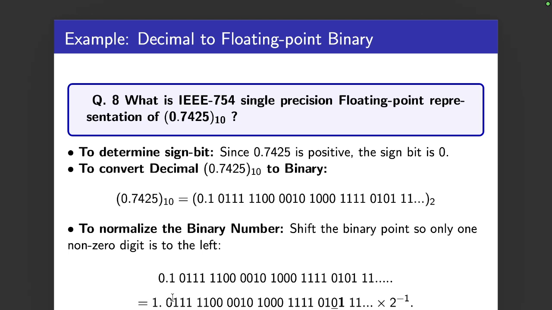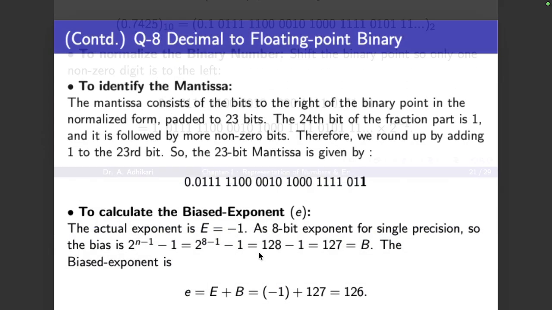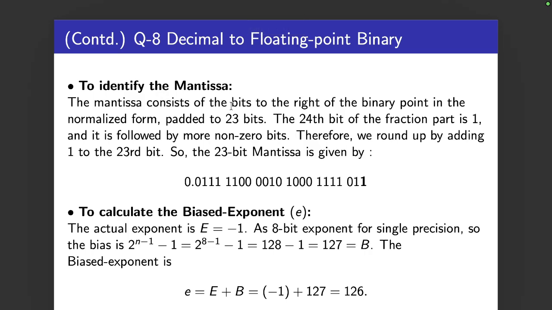So in the floating point mantissa, the leading 1 is implicit. To identify the mantissa, it consists of the bits to the right of the binary point in the normalized form, padded to 23 bits.